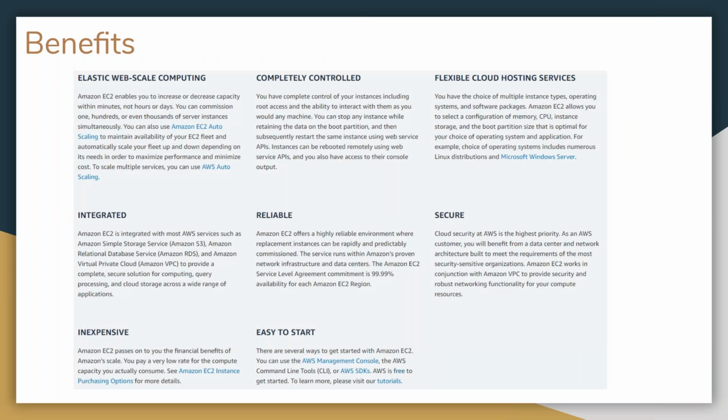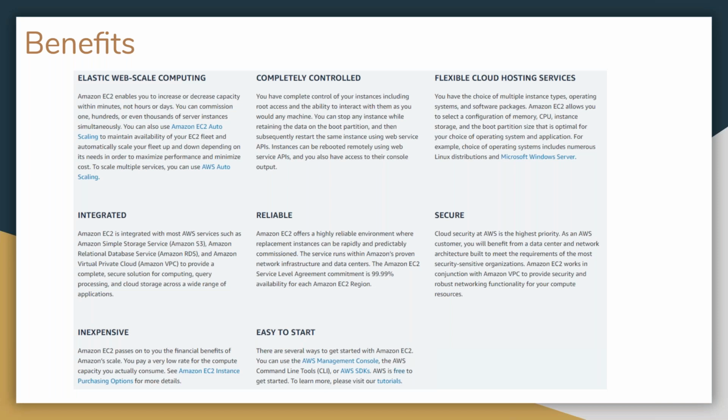Right. So, what is the benefit with EC2? Basically, it allows you to scale your application easily. You can spin up 100 EC2 virtual machines in no time, in minutes, and you have complete control over your EC2 instances, that is, your virtual machines.